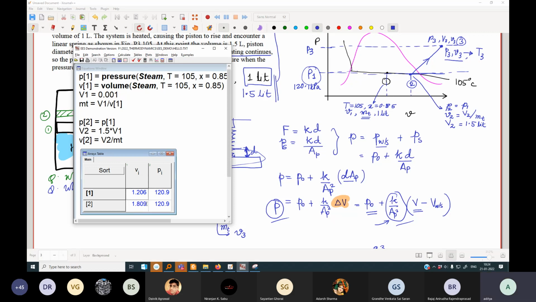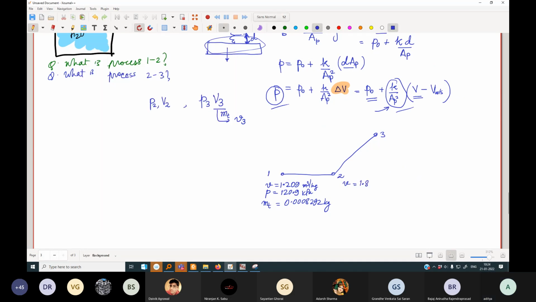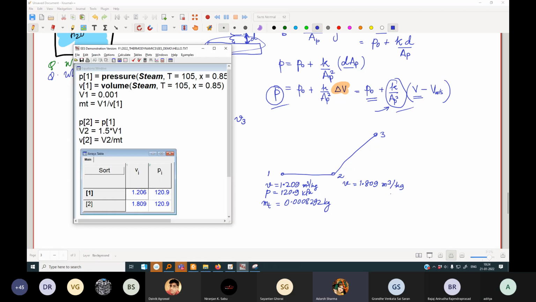So specific volume at 2 is 1.809. So state point 2 is 1.809. Sir, here the unit of volume in the question is in liters, so we first have to convert it into meter cube.